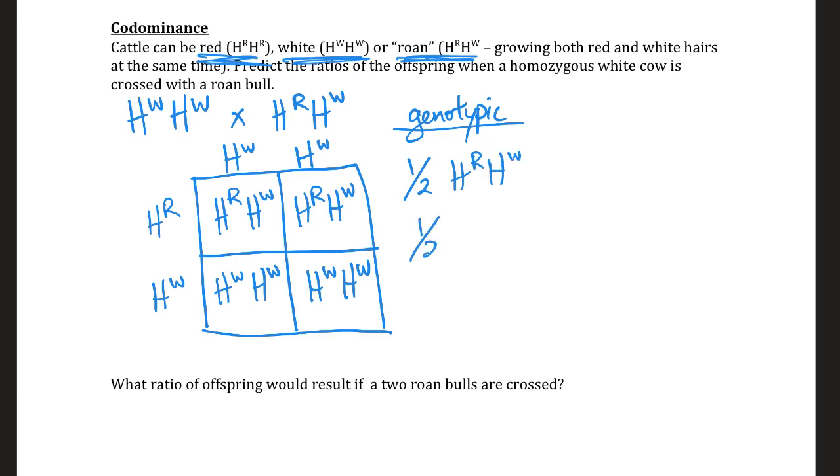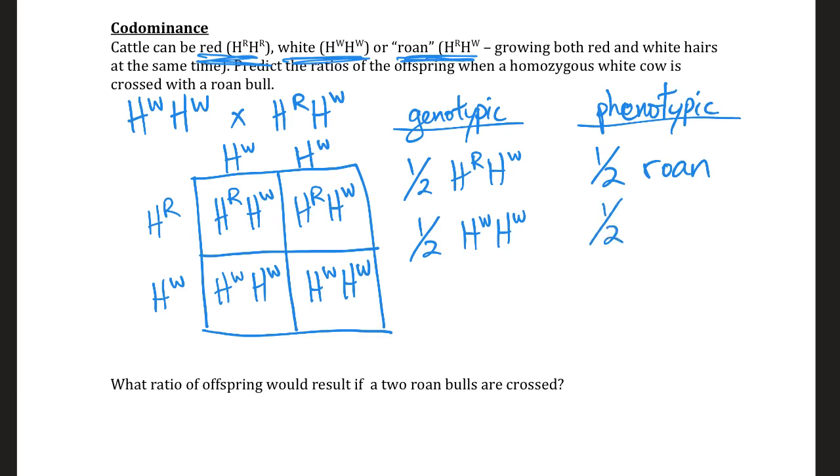The other half would be HWHW. And phenotypic. Half is called roan. And then the other half would be white.